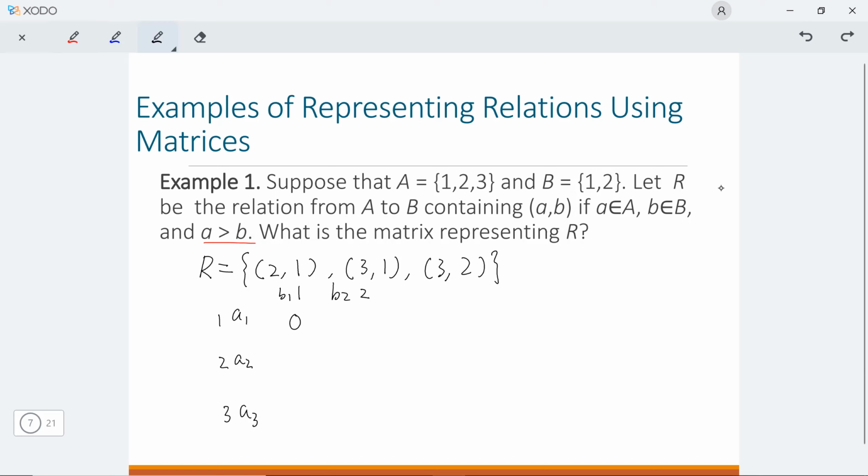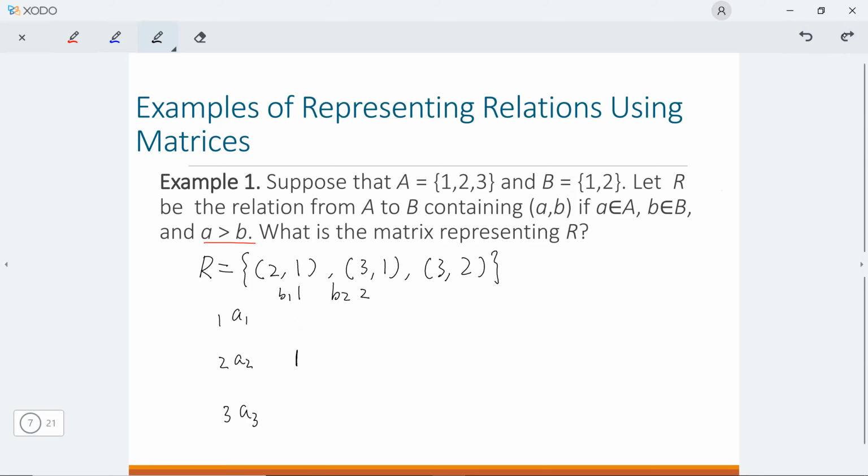Is 1, 2 in this relation? No, it's not in the relation, so write 0 again. Then let's go to the next row. This is A2, B1, so it's 2, 1. Is 2, 1 in our relation? Yes, 2, 1 is an element in our relation. So now we write 1 here for this one.